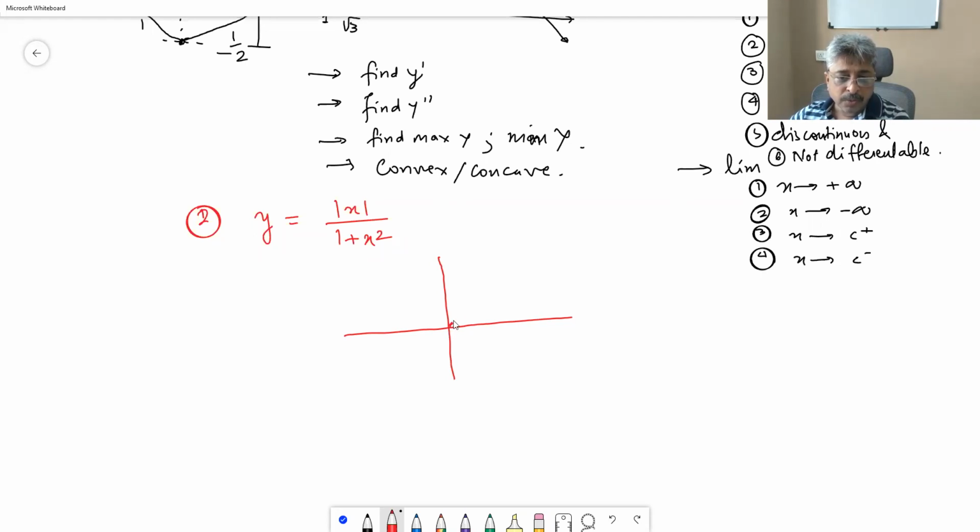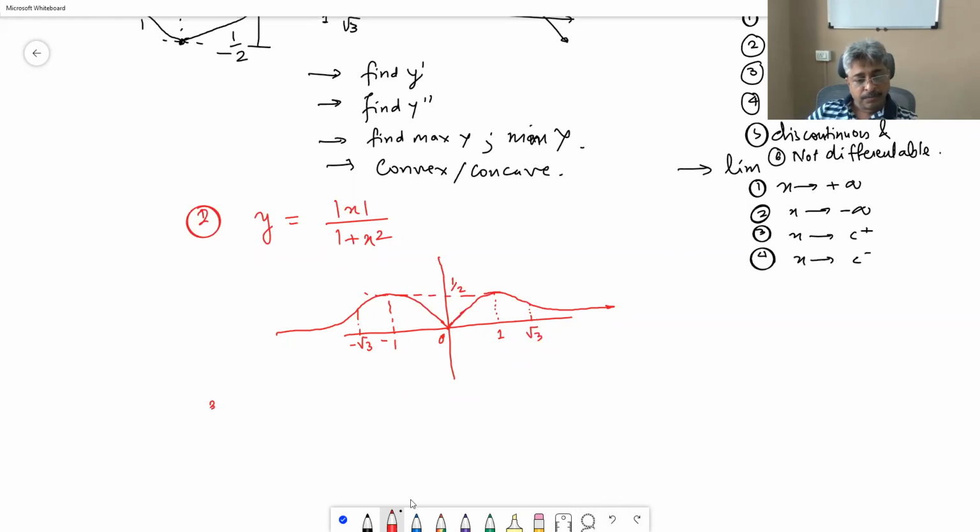You sketch it for positive 0, 1, root 3, and you just reflect it, minus root minus 1, minus root 0. Point of inflection and this value is half.